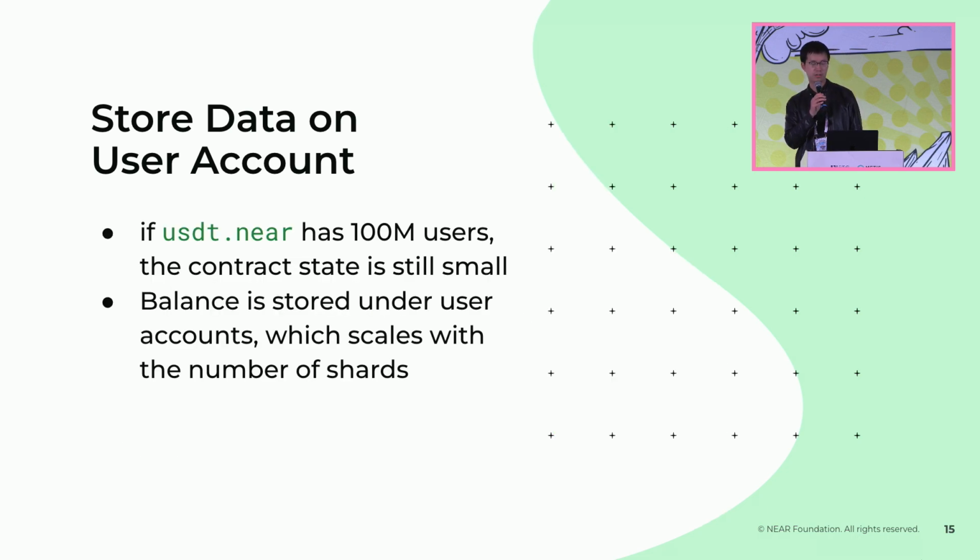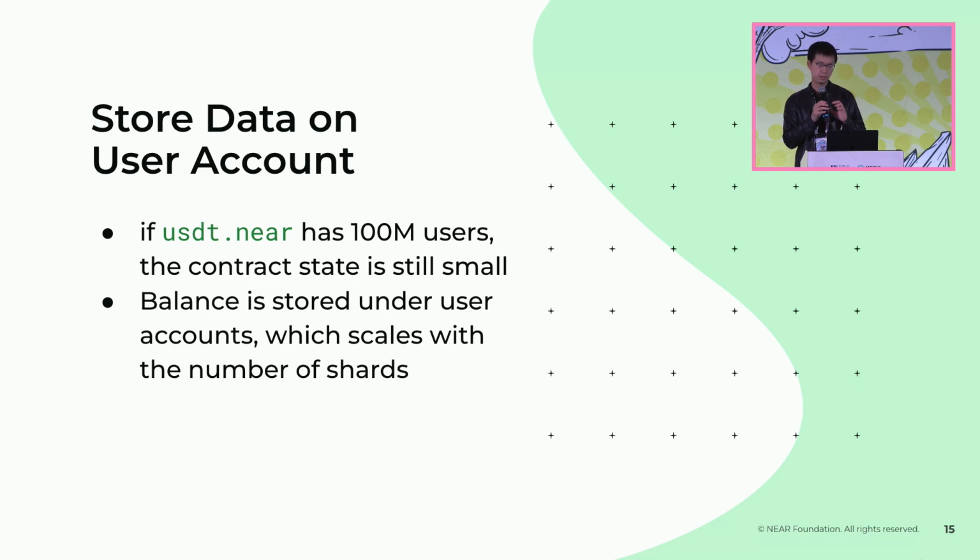And if you have a contract that's very large, let's say USDT.near has 100 million users, you still have the account USDT.near with a very small amount of storage, and then the meat of the storage is now on individual user accounts.